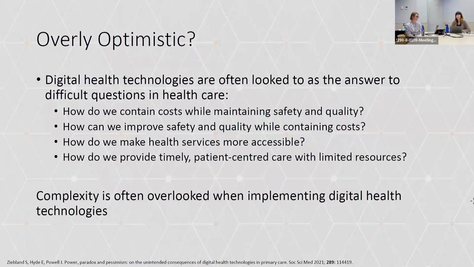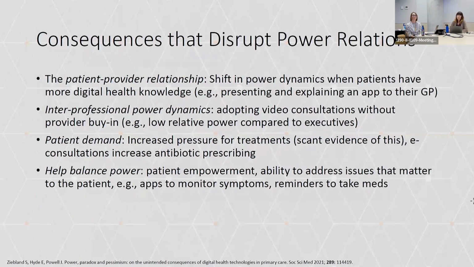Okay, before I get into those, so this is from that first paper, the Power, Paradox, and Pessimism paper. The paper goes on to describe different types of unintended consequences that they've found in searching the literature and just kind of their own experience.